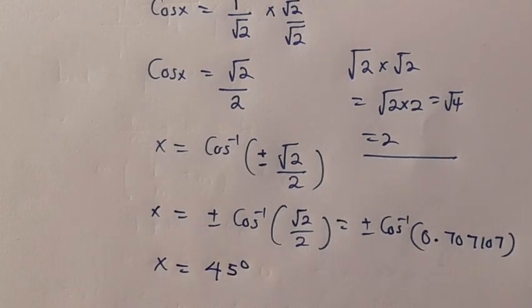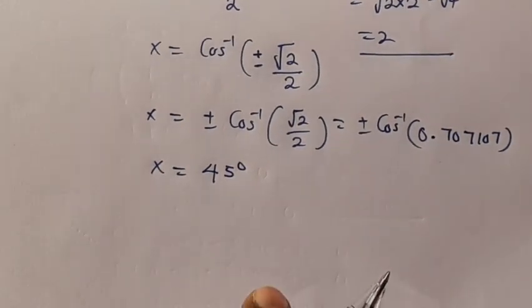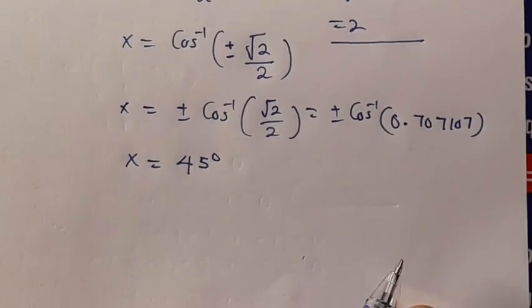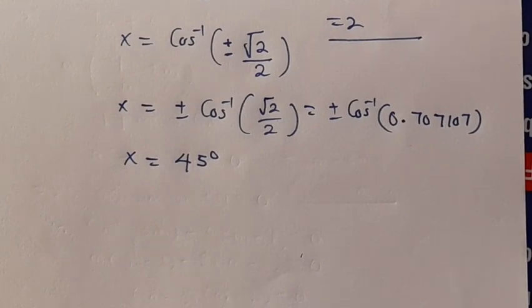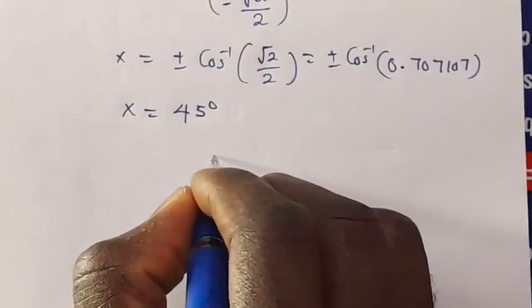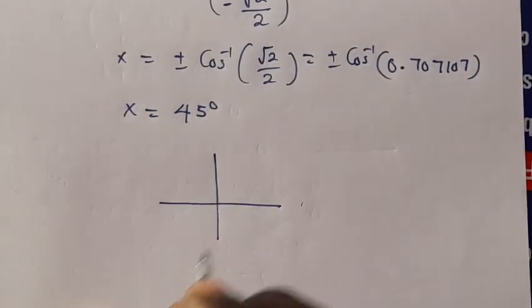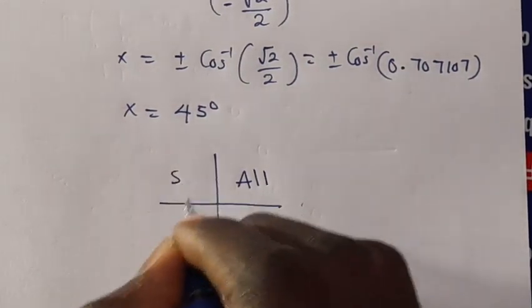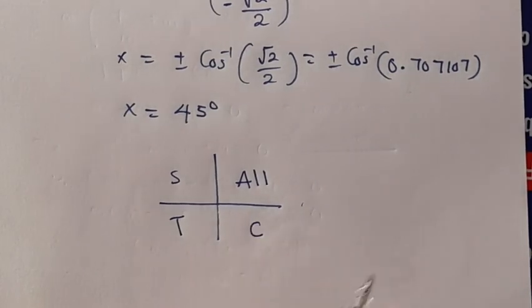By pressing this, we have x equals 45 degrees. Now, let us consider the positive value of x and the negative, using these 4 cardinal points. We believe that all students take chemistry.